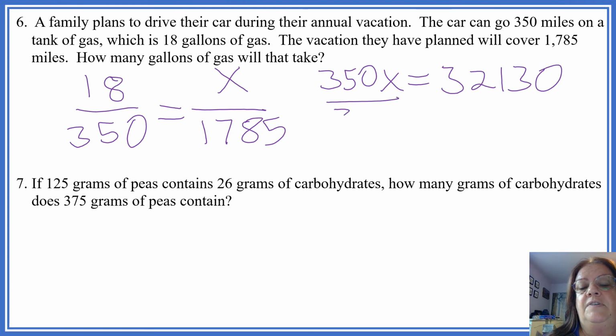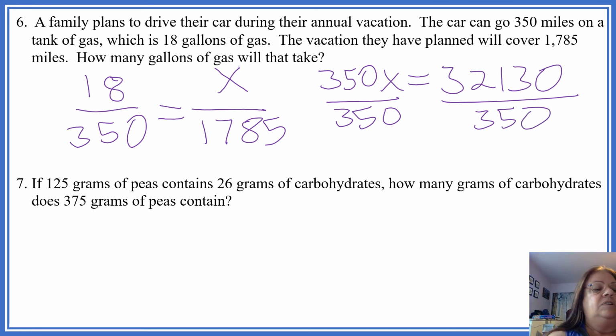Now I'm going to divide both sides by my coefficient, and that isolates our x. Okay, so we're dividing it by 350, and I get 91.8.